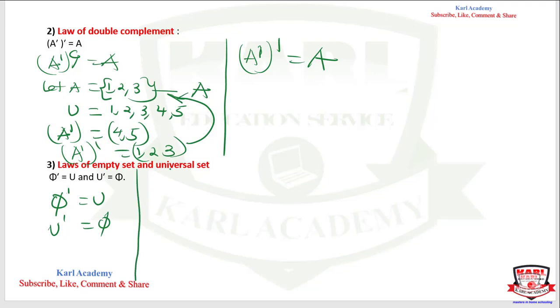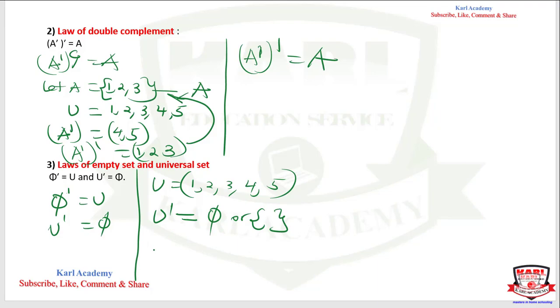Let the universal set be {1, 2, 3, 4, 5}. Then when we talk of universal complement, it means elements that are not in the universal set, and automatically that is an empty set, because we don't have those elements.